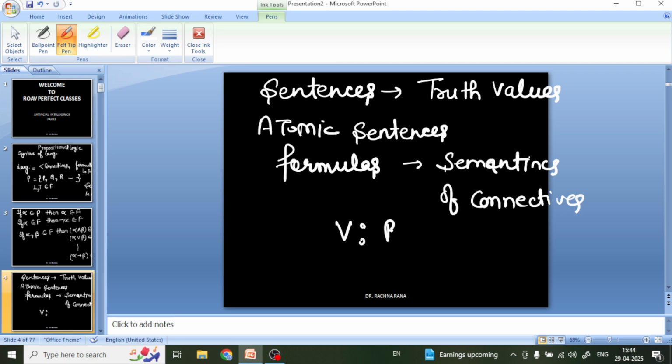V colon P implies true, false. V means value here.